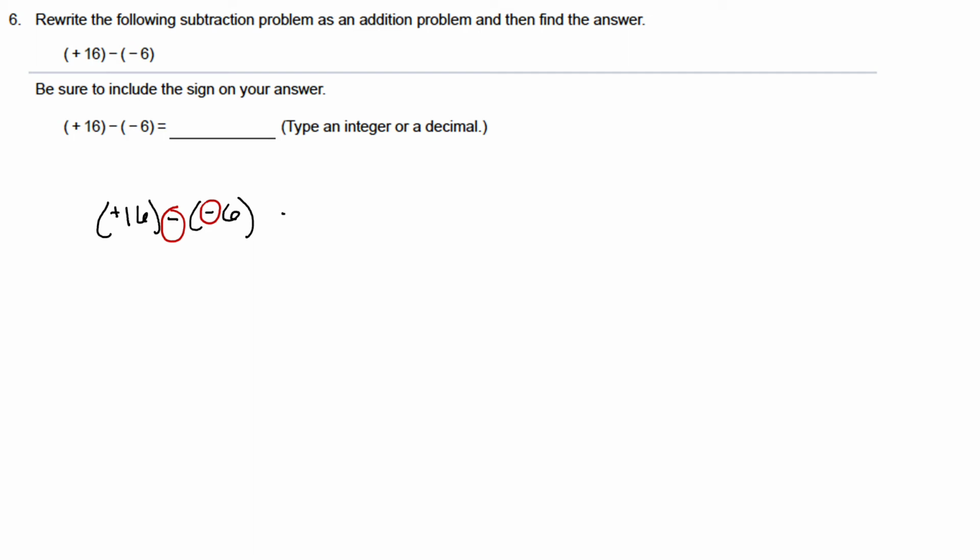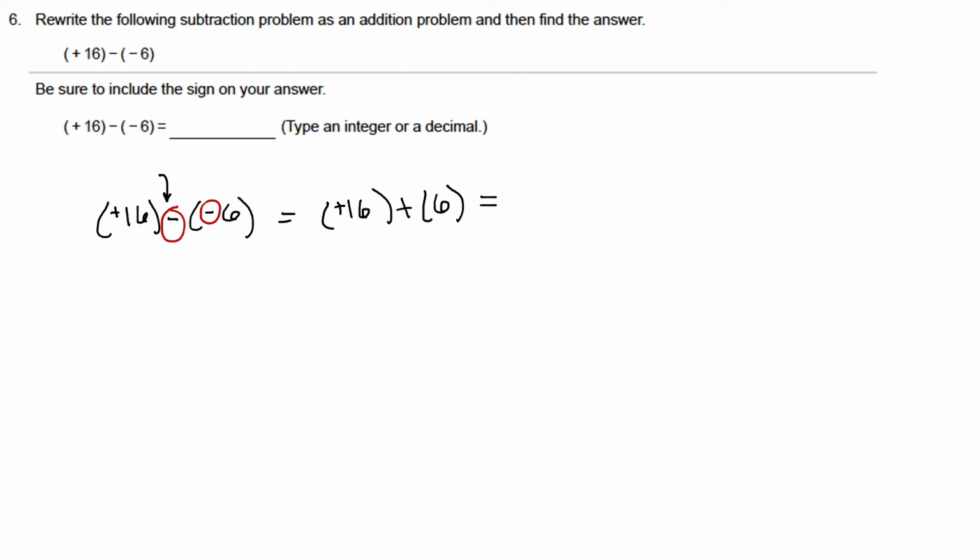So this is the same thing as positive 16 plus 6. That's because the minus sign is really telling us to do the opposite of the number next to it. So the opposite is a positive 6 or plus 6.